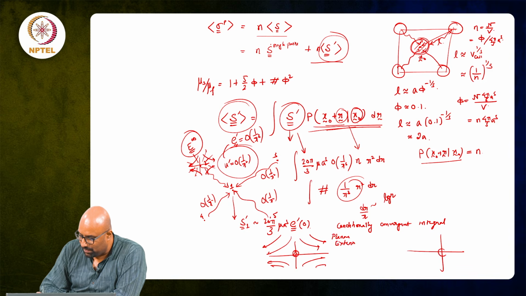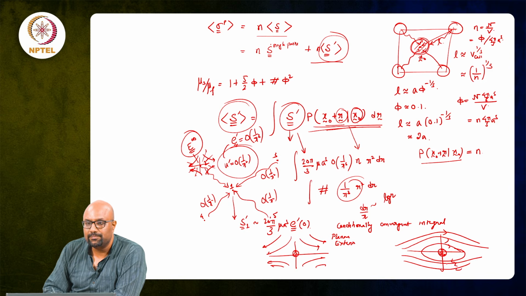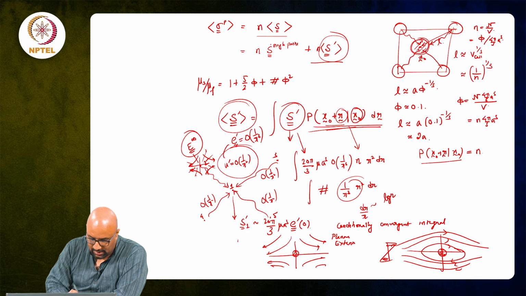But if you have a simple shear flow with respect to this sphere, the second sphere can move along very different looking paths, to the extent that they can also get into orbits. So, this is a simple shear flow, this is a planar extensional flow.